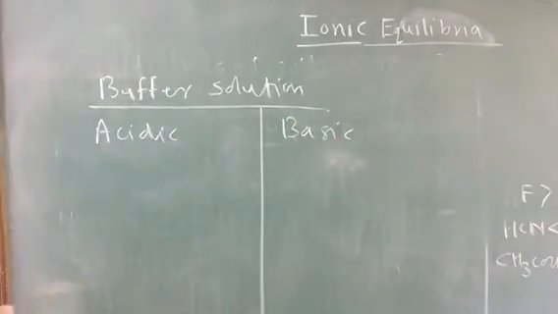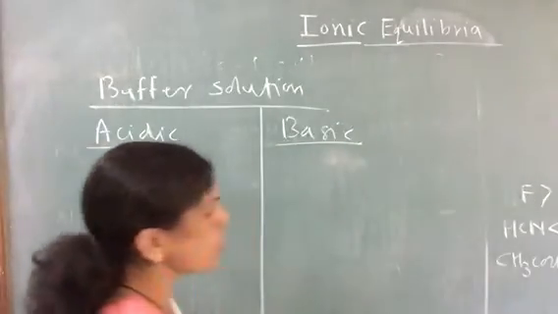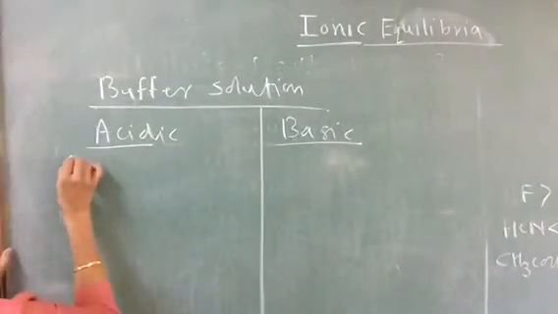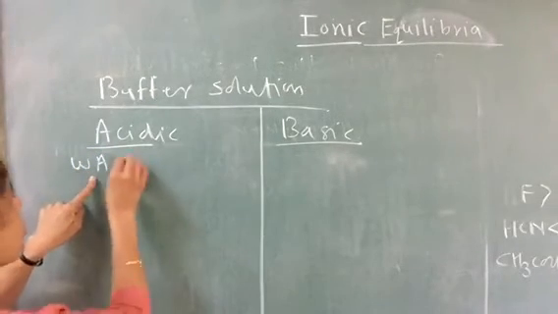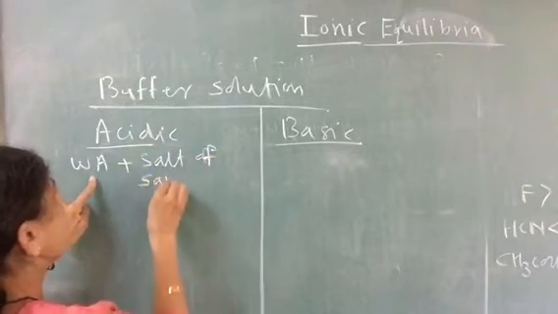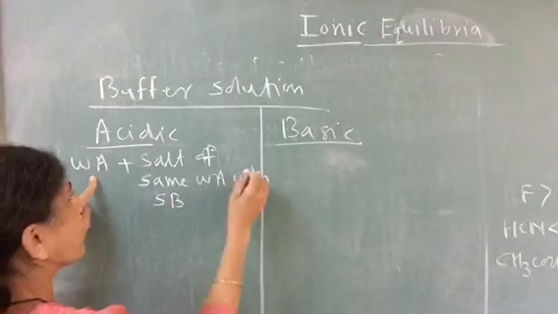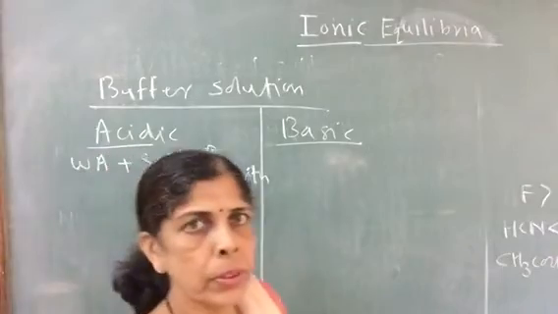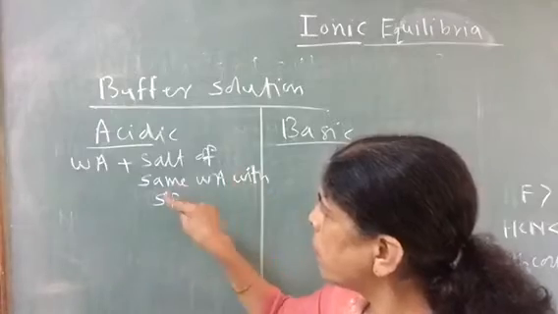An acidic buffer is a mixture of a weak acid and the salt of the same weak acid with strong base.